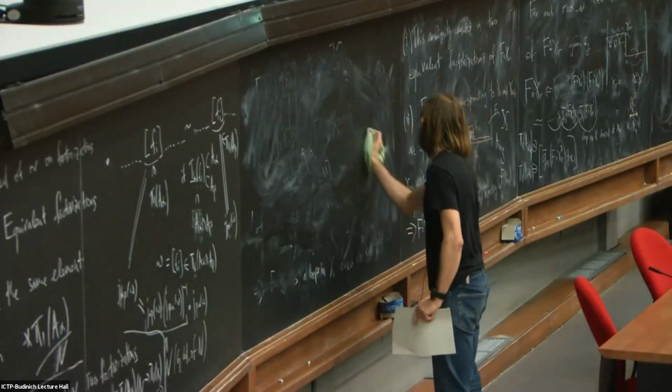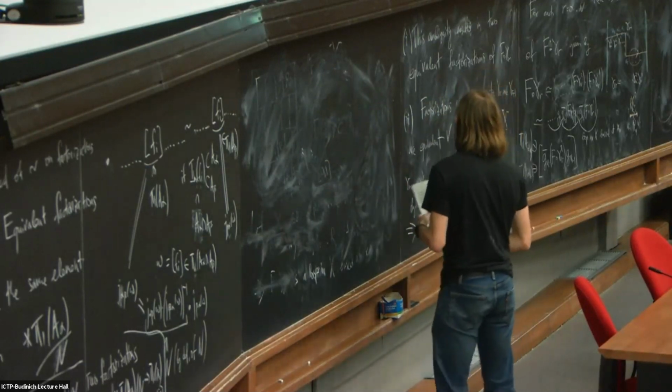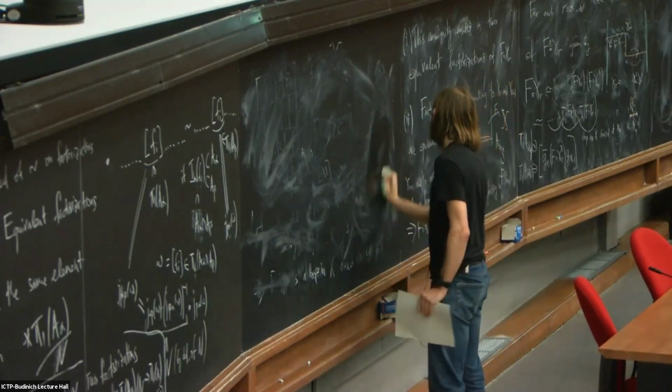So we checked this statement: the factorizations corresponding to gamma r and gamma r plus 1 are equivalent.